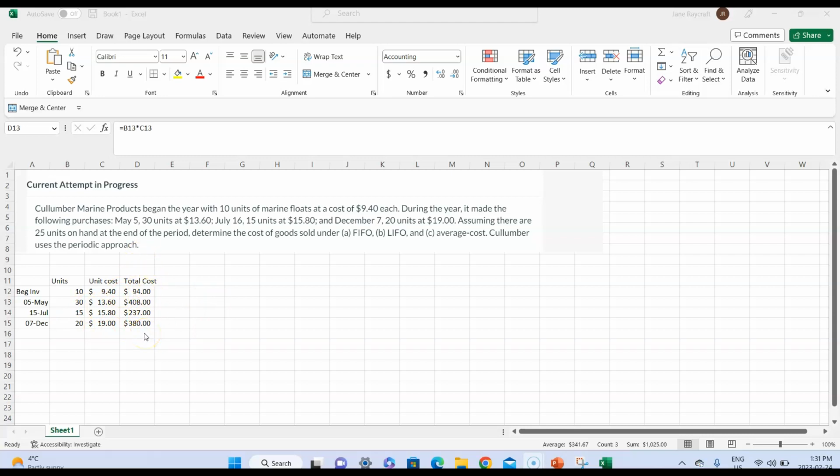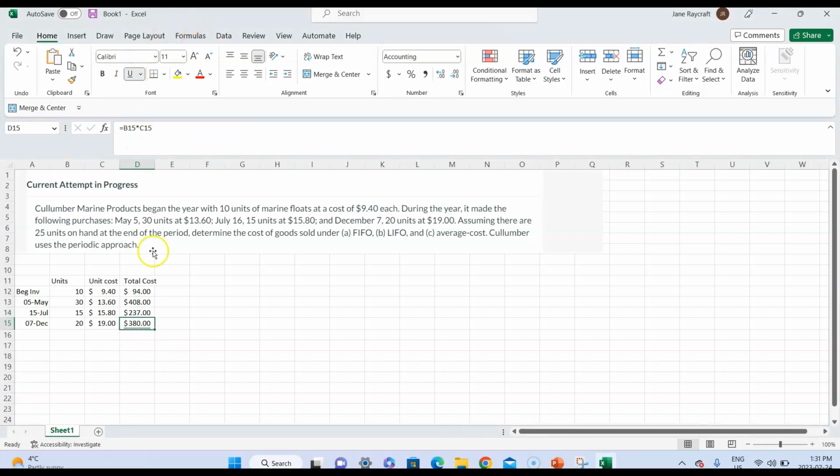You've got to have those total costs, especially if you're doing weighted average, because the times that we bought more units at a certain cost are going to shift that weight, or persuade the average towards the more units we bought at a specific cost.